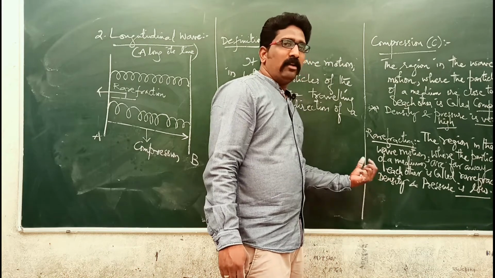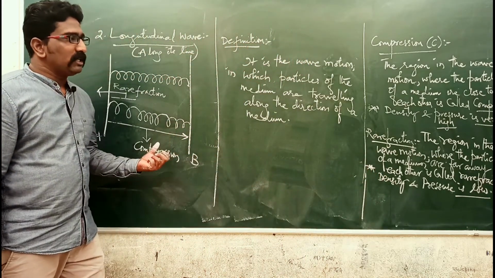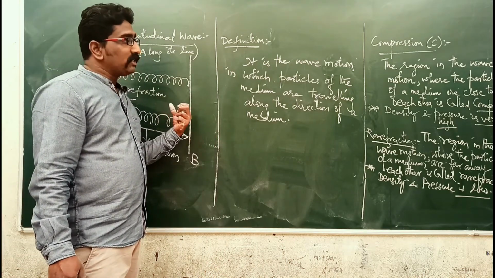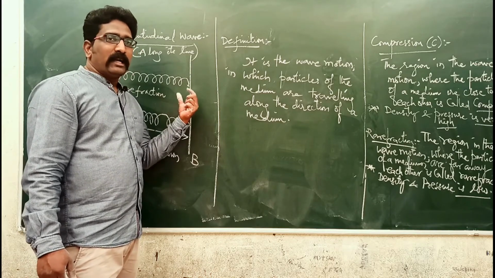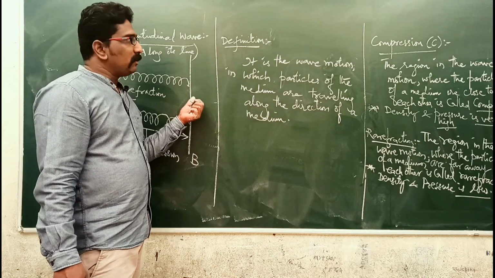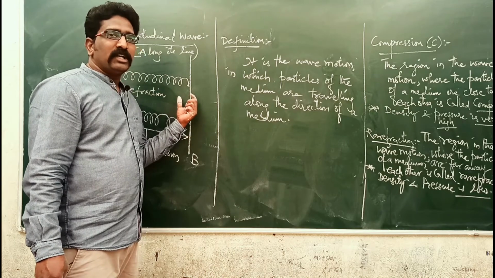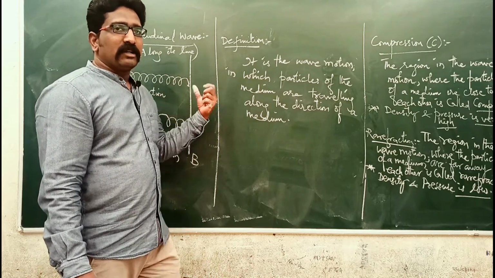So students, from this lecture we have learned about one kind of mechanical wave, the gravitational wave, and then we went on to the types of mechanical waves. In mechanical waves we studied the transverse wave and the longitudinal wave. In the transverse wave we studied how the wave is generated and how the crests and troughs are formed.